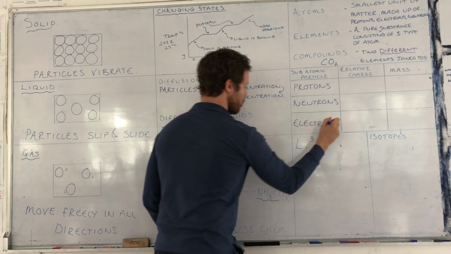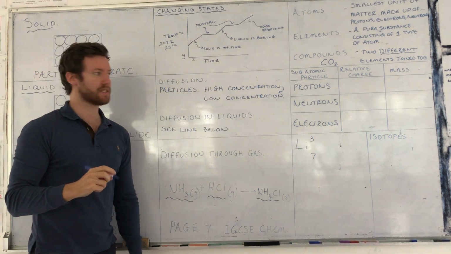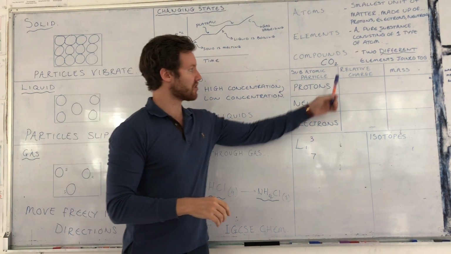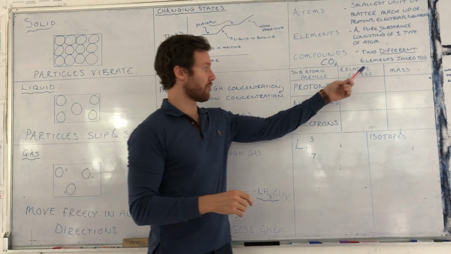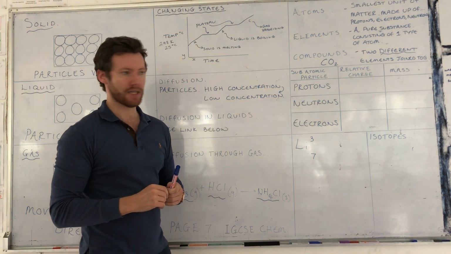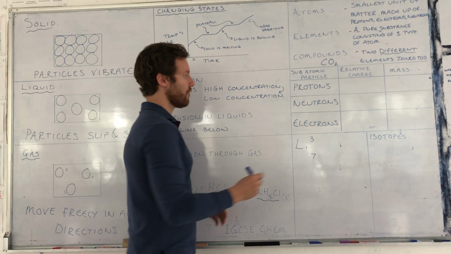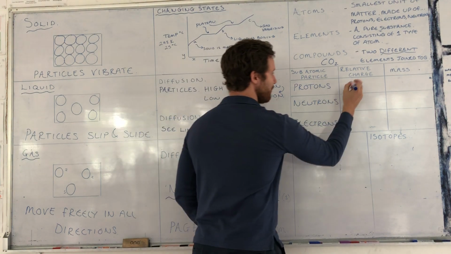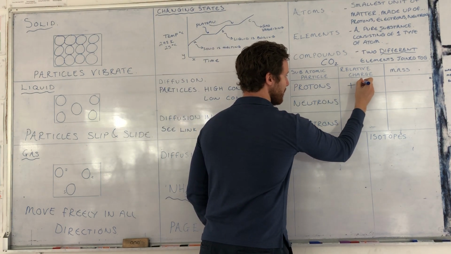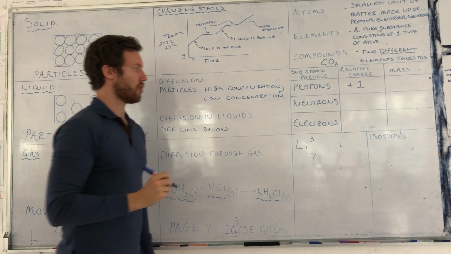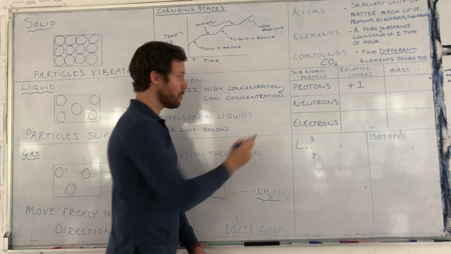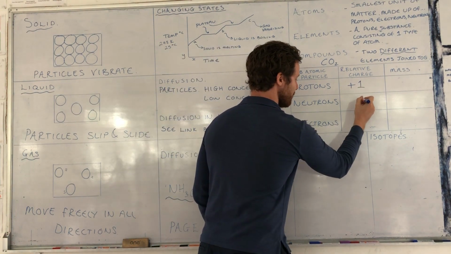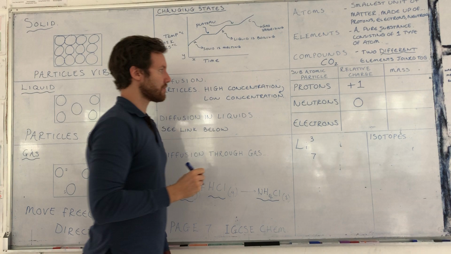Two pieces of information we need to be able to state in relation to our subatomic particles: the relative charge and the relative mass of these. So the relative charge of our protons, nice key information, P for positive, they are positively charged. So we say we have a +1 relative charge. Neutrons have no charge, a neutral charge. The relative charge is 0.